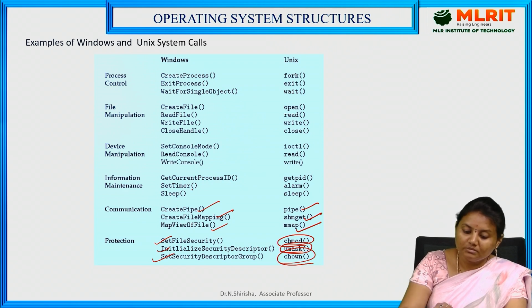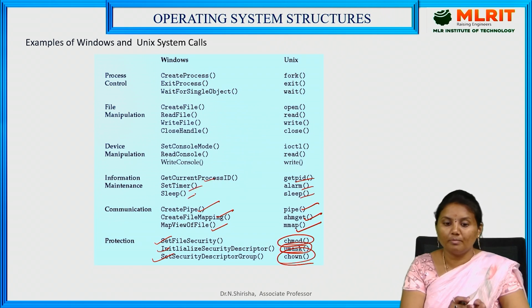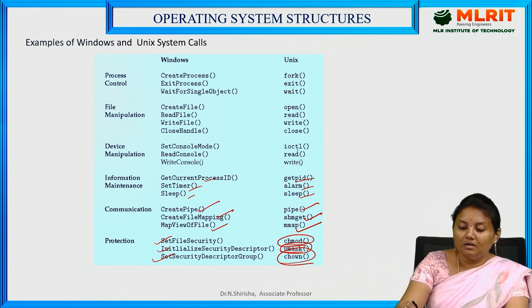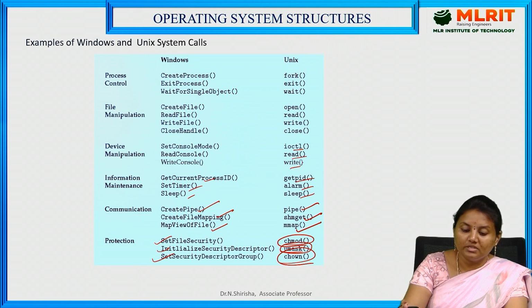Similarly, information maintenance: get PID, process ID, alarm, sleep, get current process ID, set timer, sleep. This is to stop your process. Similarly, for input output control, IOCTL is a system call that we use in Linux for input output controlling. Read permission, read, and write permission, write. Here, read console, write console.